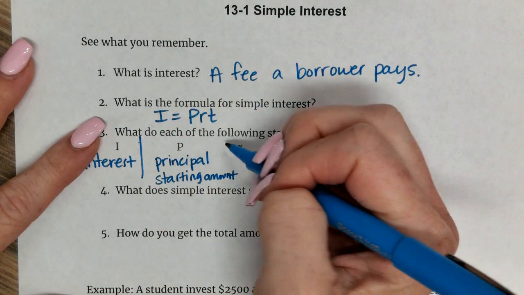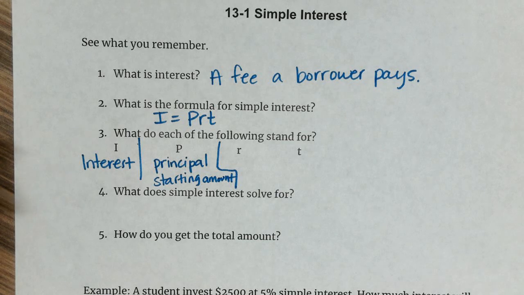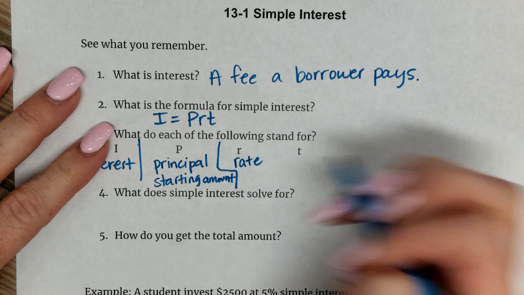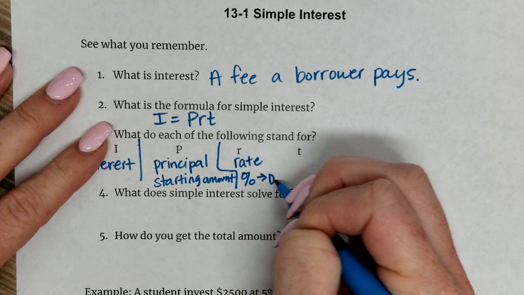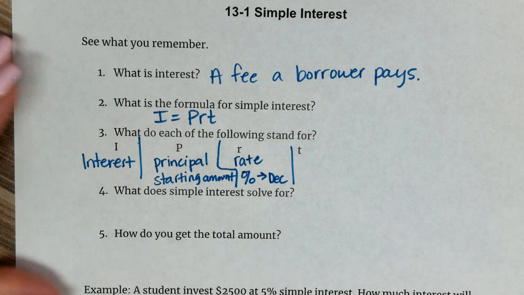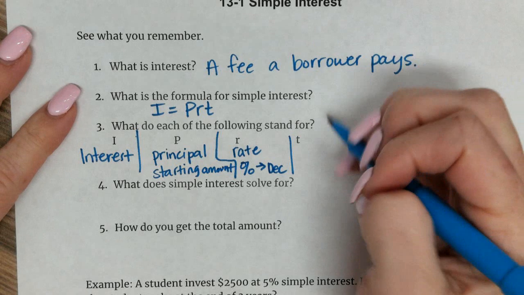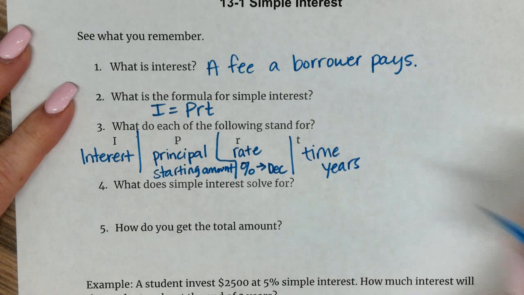I'm going to separate these. What does R stand for? Rate. And they're going to give it to you as a percent that you have to change to a decimal. And what does T stand for? Time. And you need it to be in years.